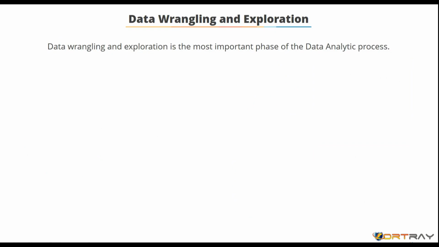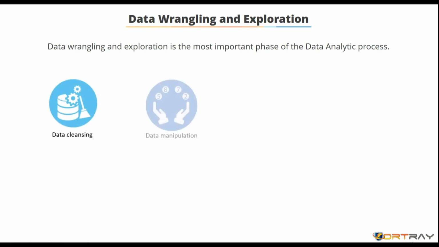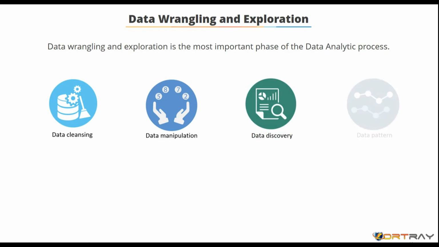Data wrangling and exploration is one of the most important phases of the data analytics process. This phase includes data cleansing, data manipulation, data discovery, and data pattern identification. Usually, data is neither in the expected format nor is it consistent. The data cleansing process gets rid of unwanted elements present in the data. Data manipulation techniques, such as transform, merge, aggregate, group by, and reshape, transform the data and make it available for exploratory data analysis.